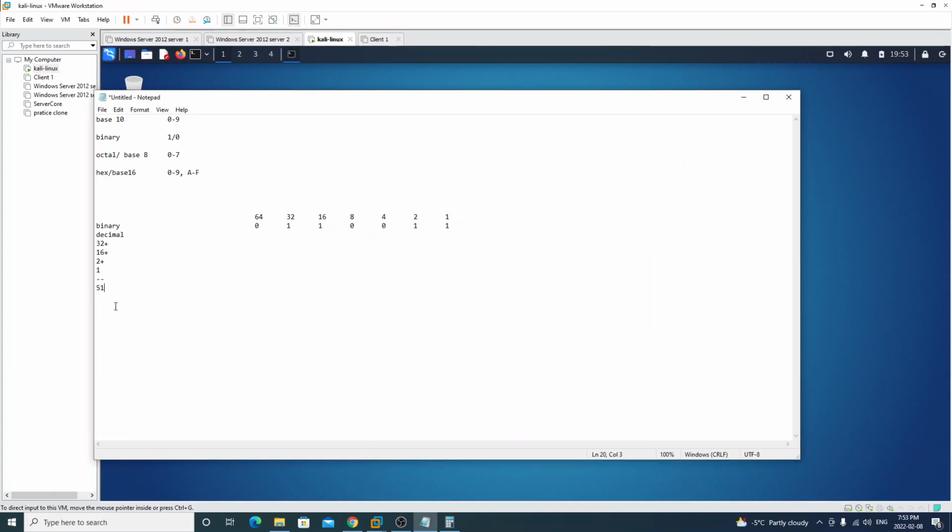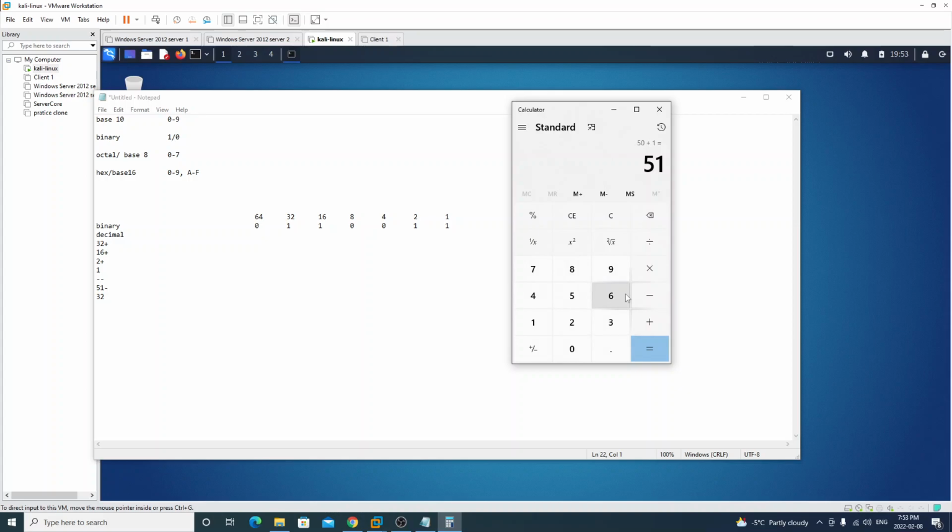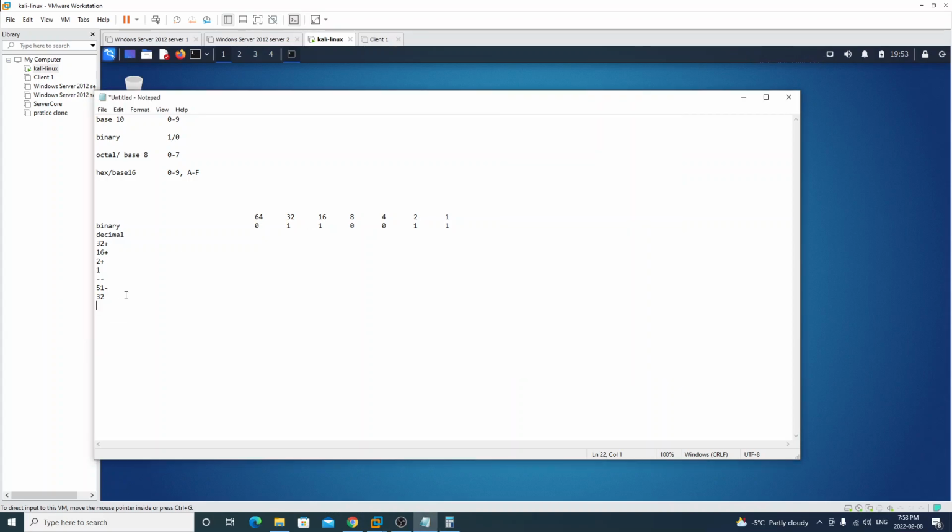And if we want to take it from decimal back to binary, then how many times does 51 fit into 32? So we'll just go the opposite. So we'll say 51 goes into 32. I believe it's 16, but let's just see. No, it's 19. Okay, so we have 19. Does 19 go into 16?